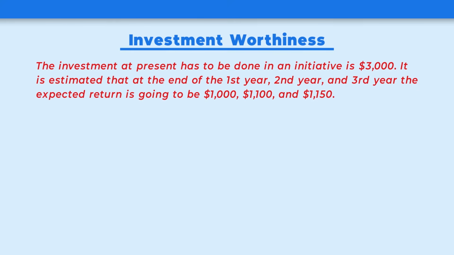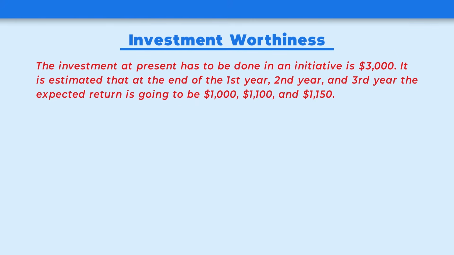And it is estimated that at the end of first year and second year and third year, the expected return is going to be $1,000, $1,100 and $1,150. Now, if we add this up, it comes out to be $3,250 compared to the initial investment at present, which is $3,000.